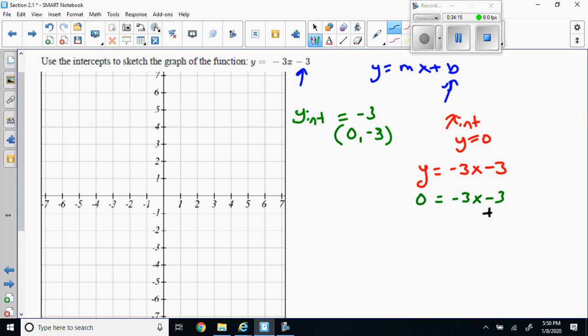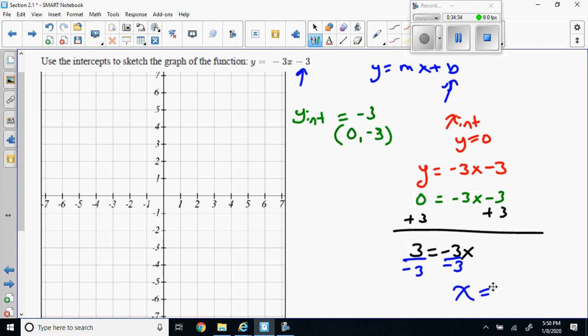So we're going to add 3 to both sides. So 3 equals negative 3x, and you're going to divide by negative 3, yes. So x would be what? Negative 1, but it's really the x-intercept, which is negative 1 what? 0, right?